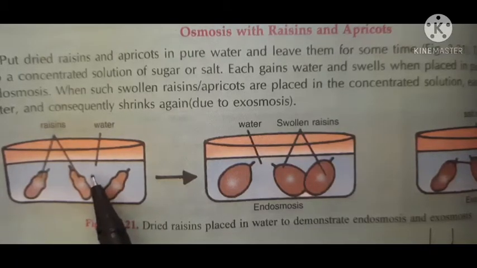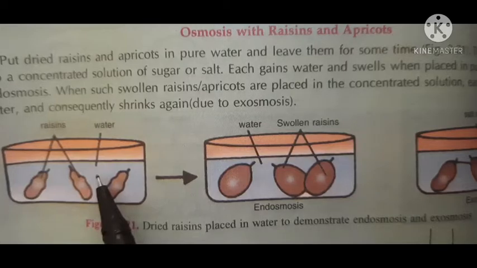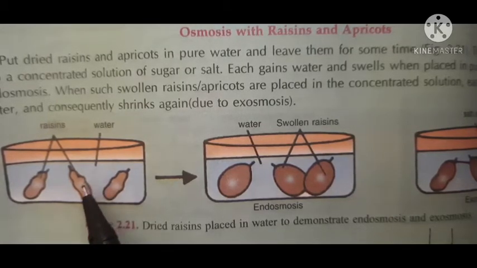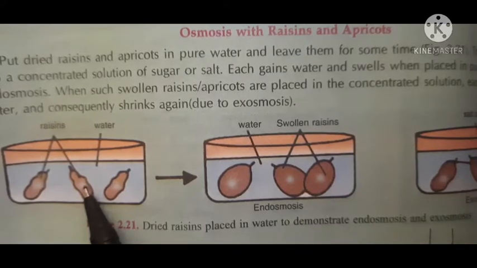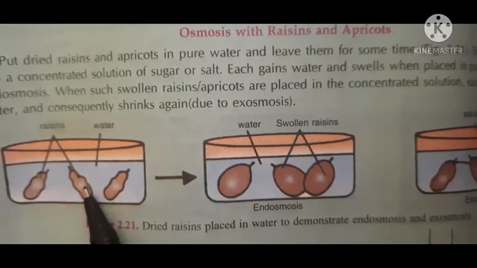Outside there is only water. This solution is dilute, like your hypotonic solution. So water from outside will move inside the apricots. Osmosis will take place. What is osmosis? Osmosis is the movement of water from a higher concentration to a lower concentration.